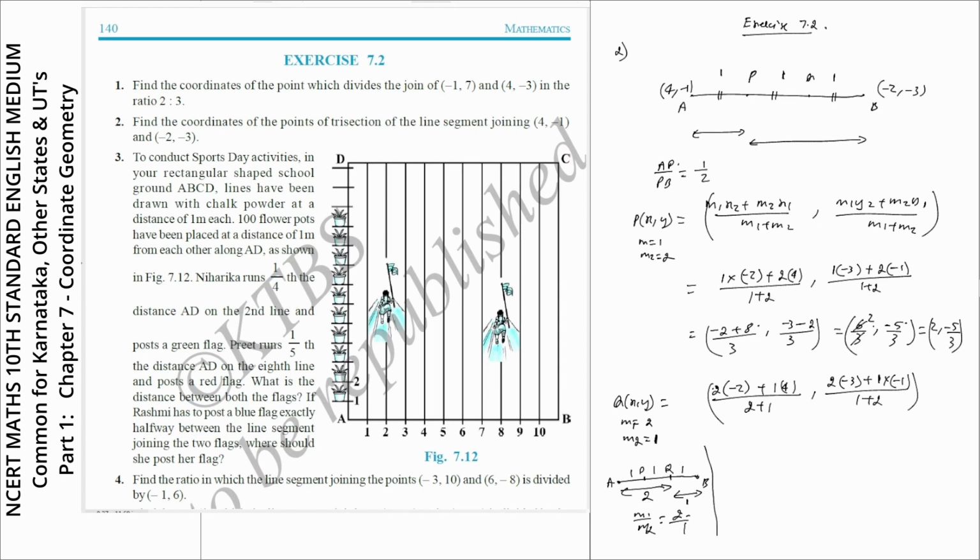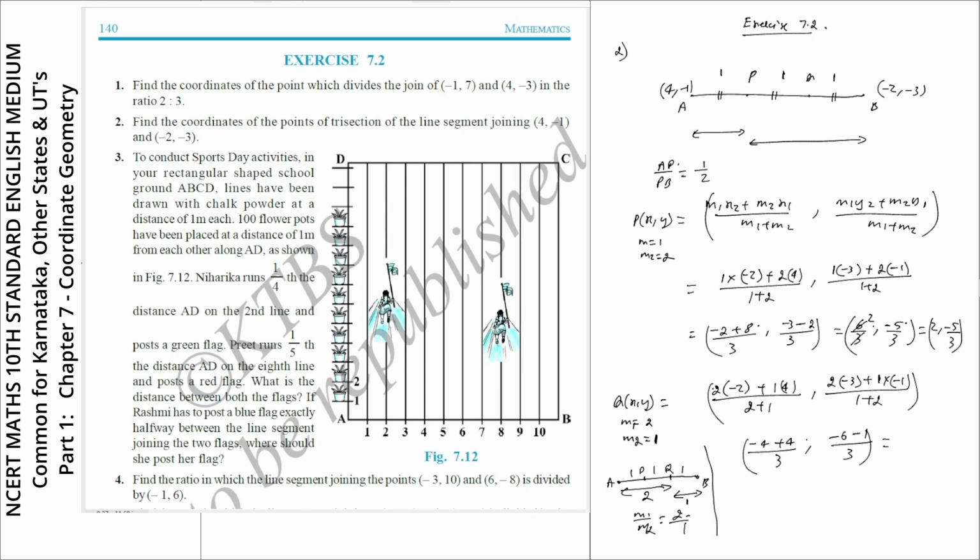So I'll get 2 into 2 minus 4 plus 1 4s are 4, divided by 2 plus 1 3, comma 2 3s are minus 2 3s are 6, so minus 6 I'll get. So 1 into minus 1 is minus 1 by 3.